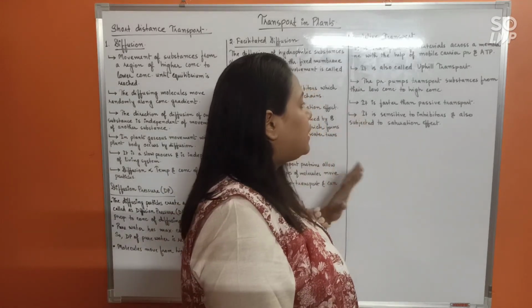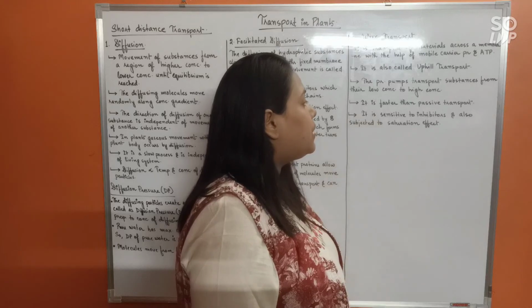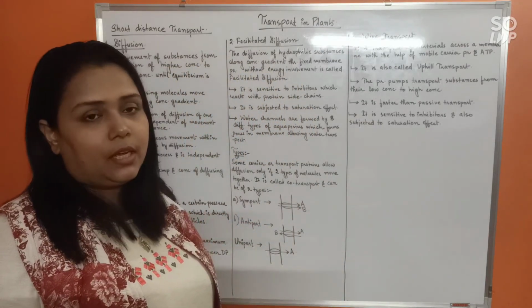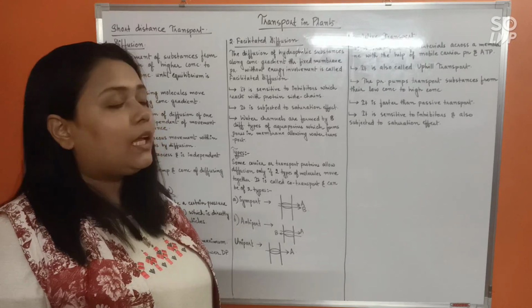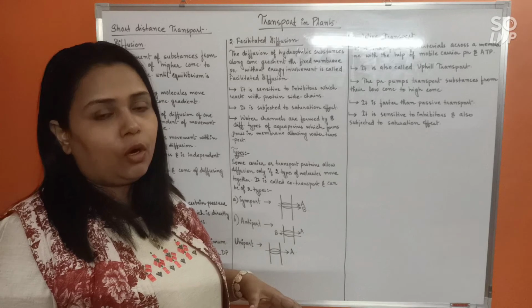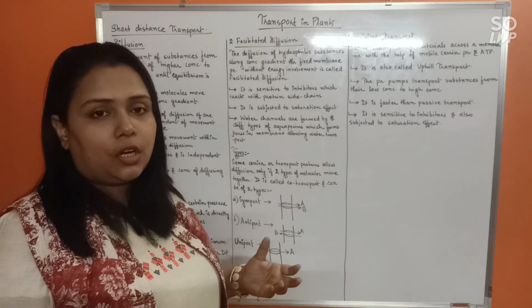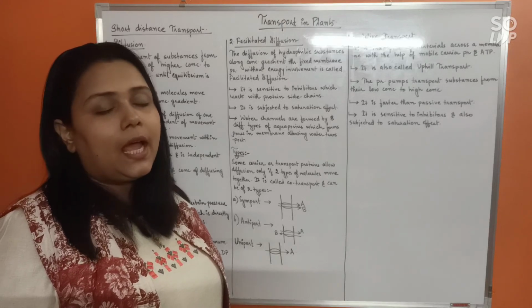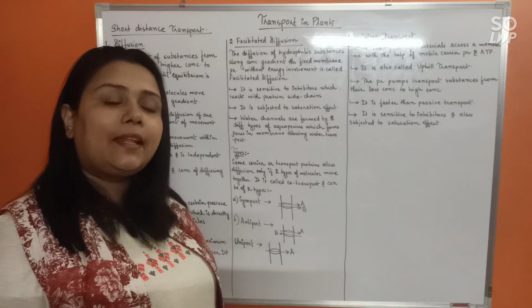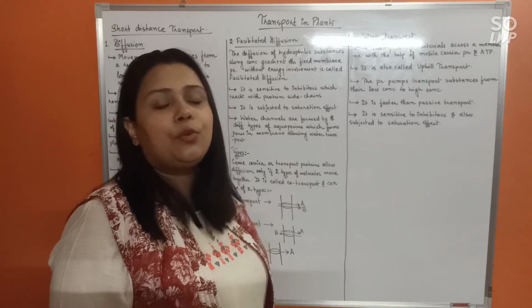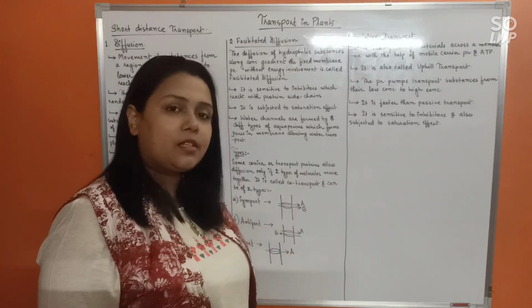And just like facilitated diffusion, it is also sensitive to inhibitors and subjected to saturation effect. In active transport as well, if all the protein pumps or carrier proteins involved are bound to their specific substrate and become functional, it is at that time that the rate of active transport reaches its maximum, which is regarded as the saturation effect.